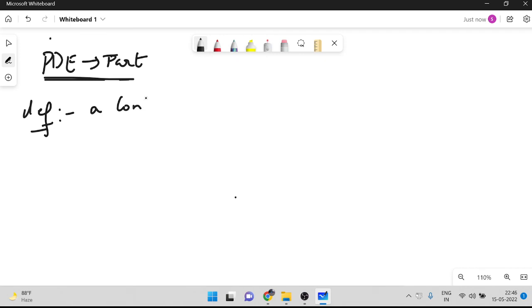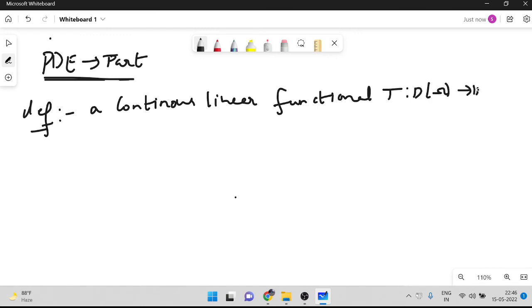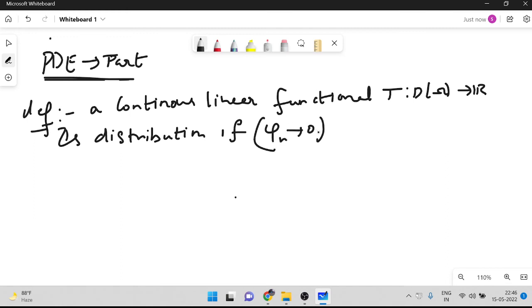Basically, a continuous linear functional T that maps an element from D(Ω) to R is a distribution if φ_n converges to 0 in the topology that we have given before on D(Ω), implies T(φ_n) should also converge to 0.